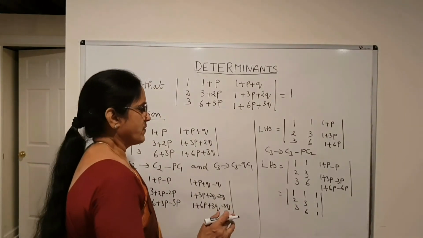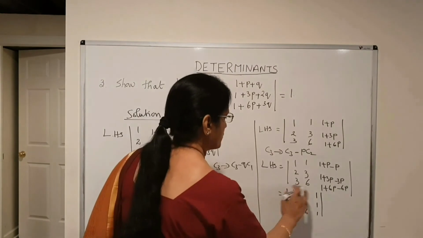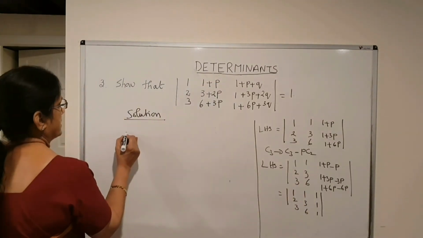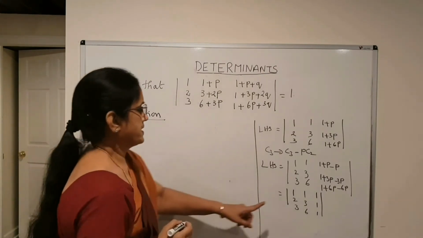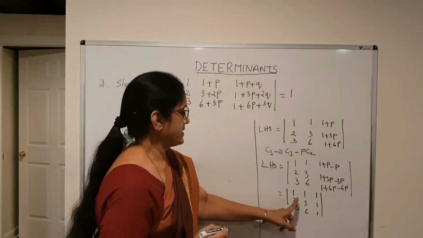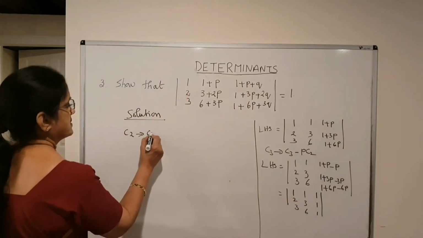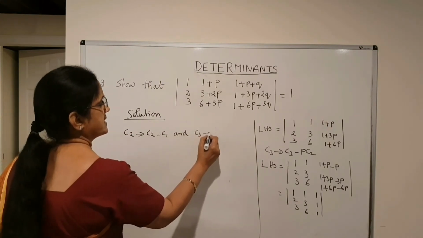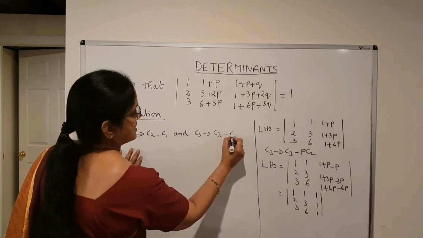Now, it is easy for me to make 2 entries 0. So, what I am going to do now is, I am going to write C2 as C2 minus C1 and C3 as C3 minus C1.